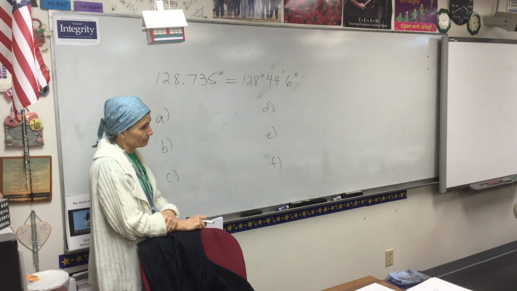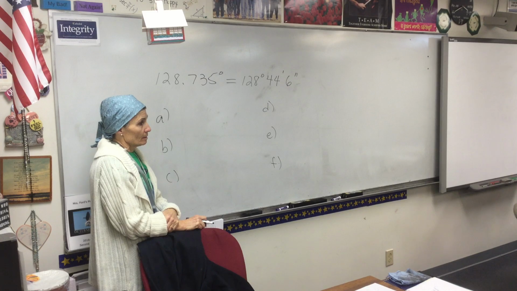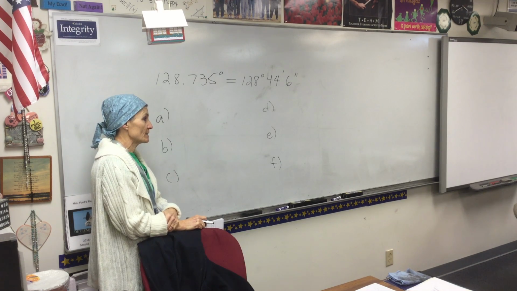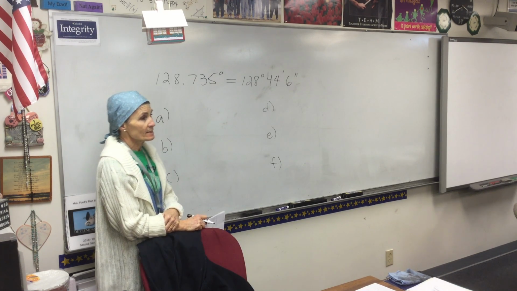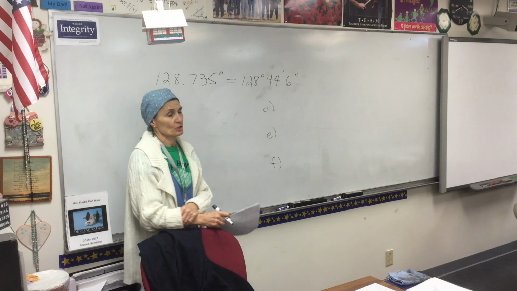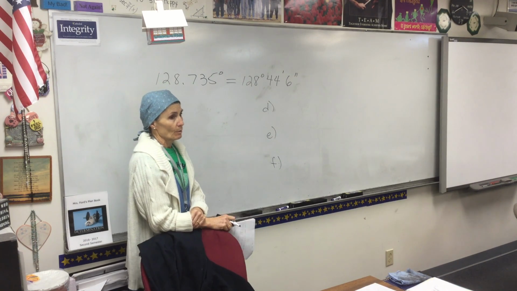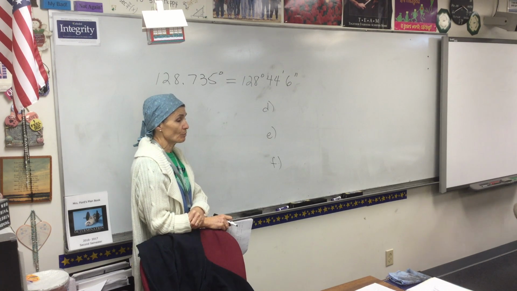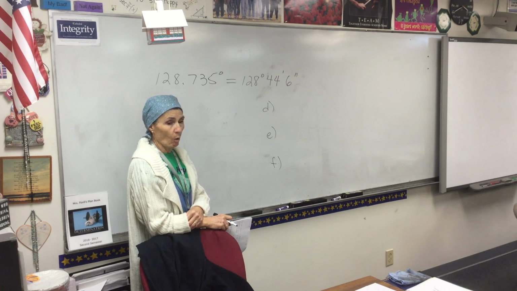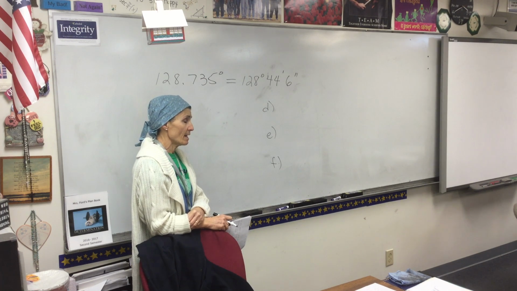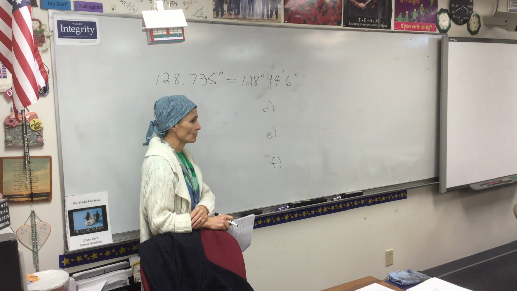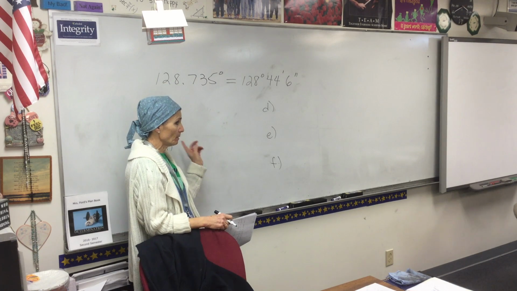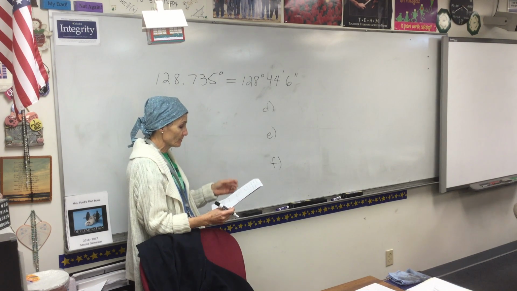Okay, now, be careful on this next section. This is the only section where we're going to have to, for part of the problems, change to radians. The whole rest of the test, everything on the test is in degrees, except for a couple of problems in this section.